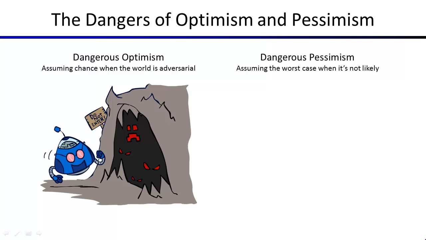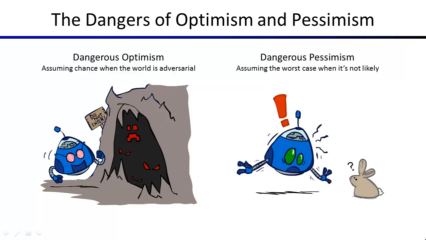On the other hand, pessimism can be dangerous too, because you might look at this and be like, okay, we'll always think about worst case. We'll always be pessimistic. Why is it bad to be overly pessimistic? Yeah, I mean, you spend a lot of your time scared, basically. And in particular, you're going to refuse to take reasonable risks, right?